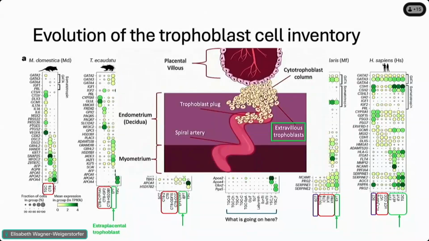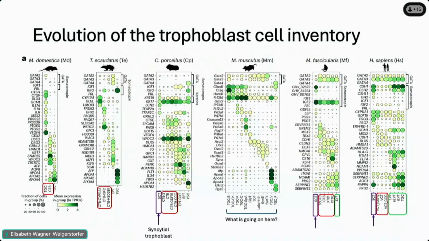Just wanted to say, in the human, these extraplacental trophoblasts arise from the cytotrophoblast in the anchoring villi and invade the endometrium, and also give rise to the spiral artery remodeling that ensures that the maternal blood vessels are open and provide the maximum amount of blood and nutrients to the fetus.